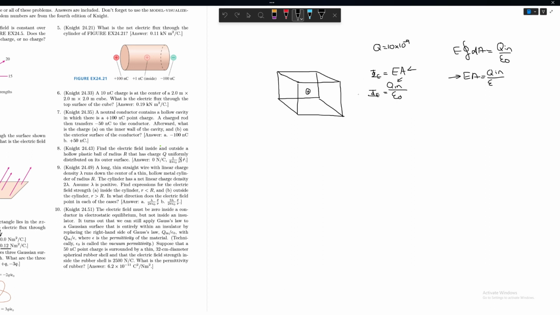And so now plugging things in, I'll get 10 times 10 to the negative 9 all over 8.85 times 10 to the negative 12. And what this will give me is... I thought I had the answer somewhere, but I didn't.